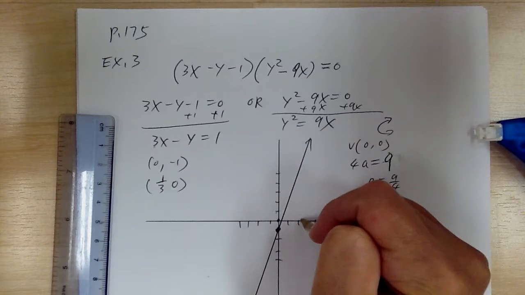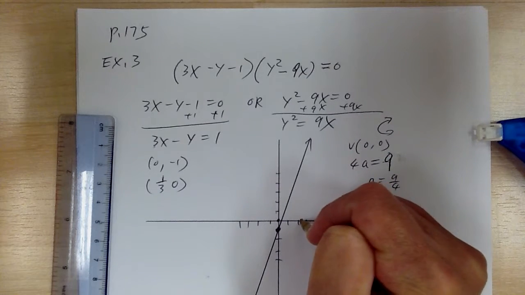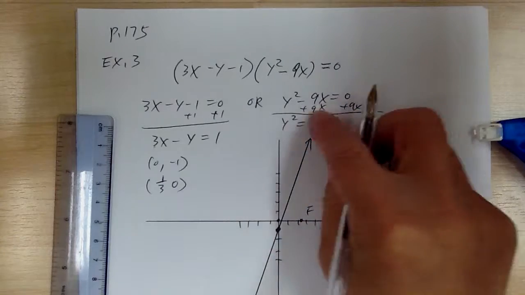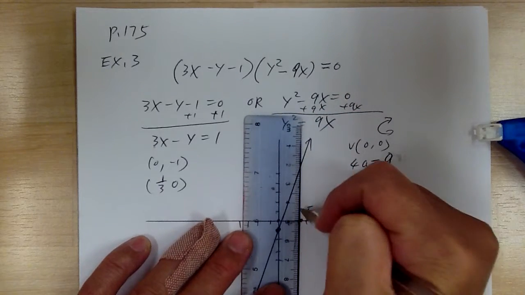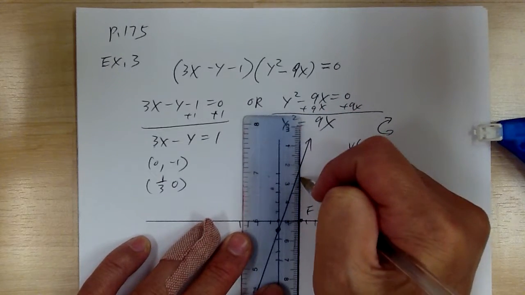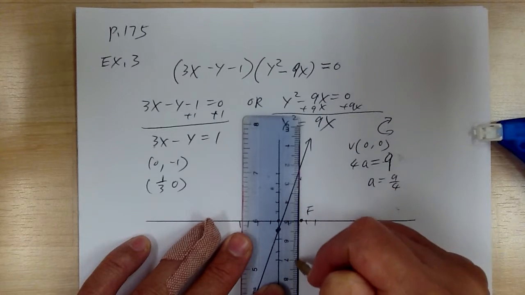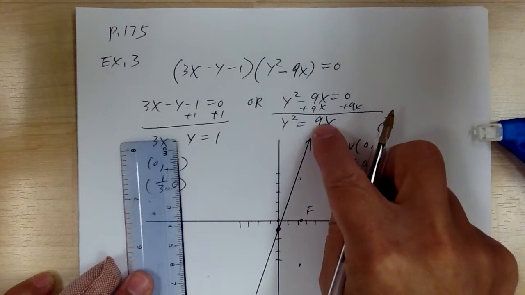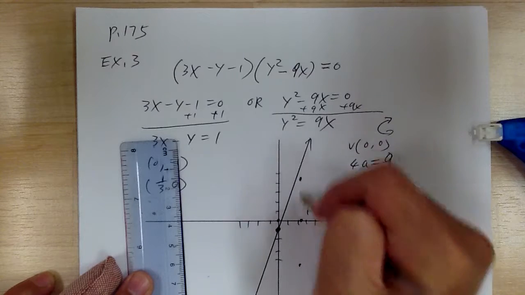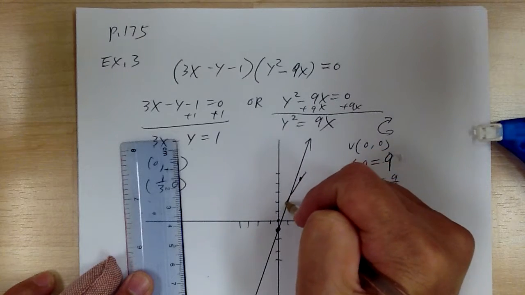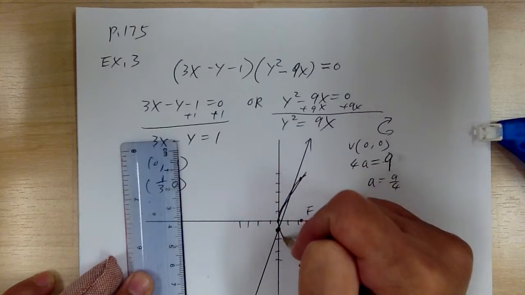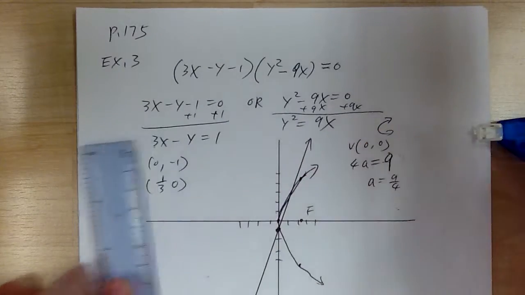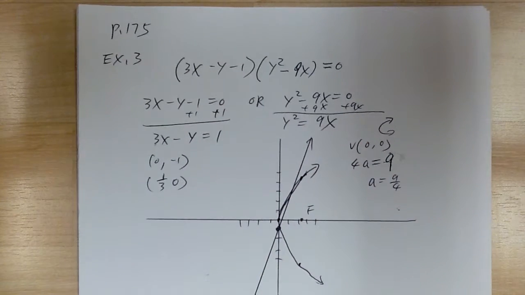It's about 2, so it's about right over here. That would be the focus. And the opening is 9, so you go up 4.5 and you go down 1, 2, 3, 4, 4.5. Again, this number is the opening. So those are your points, and your graph looks something like this.